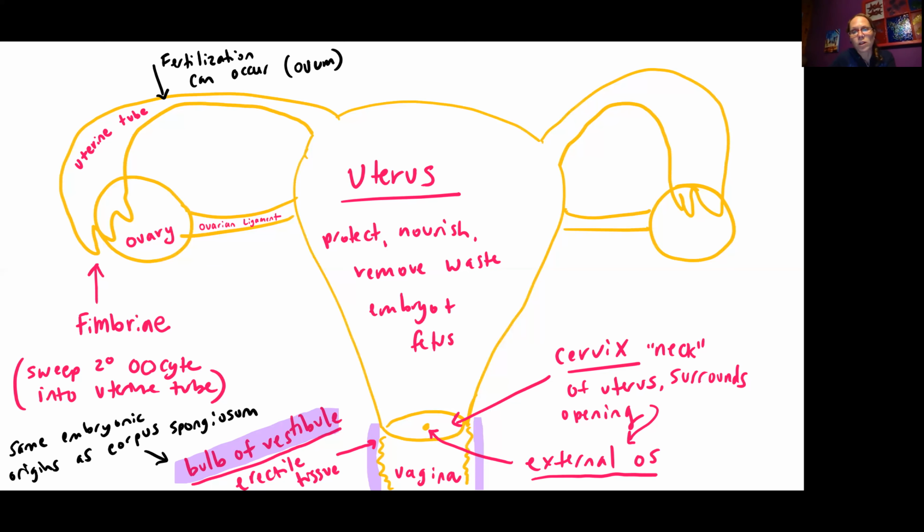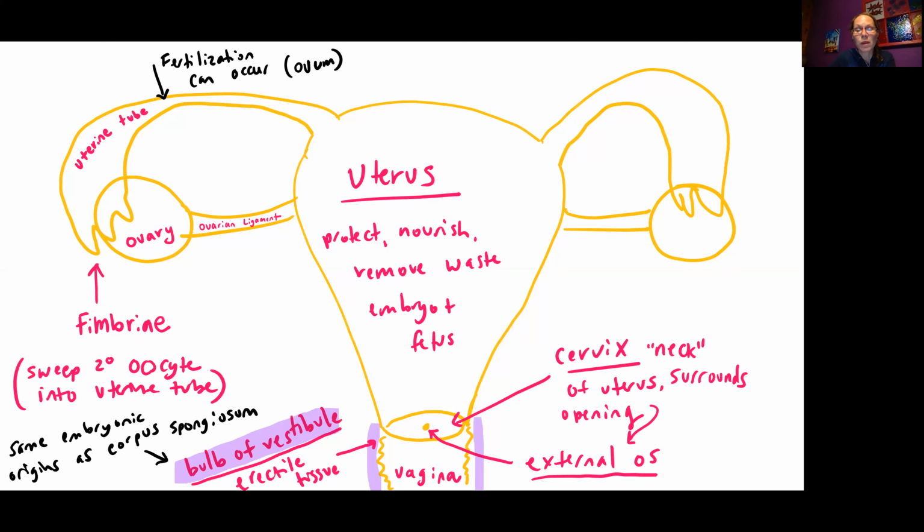So if you are washing that fetus in more testosterone, then you're going to get the development of male reproductive structures. If you're washing it more in estrogen, you're going to get more female. It's a little bit more complicated than that, obviously, but that is kind of an okay way to think about it at this point. You also have that bulbospongiosus muscle on either side of the vagina, which is going to be important in constricting the vagina.